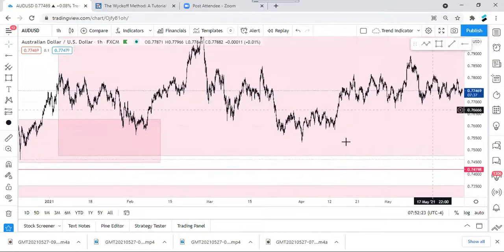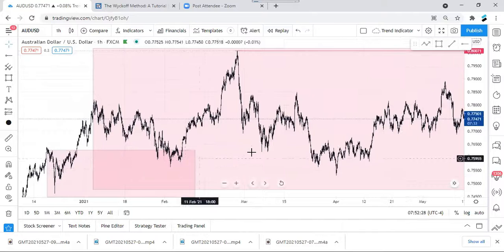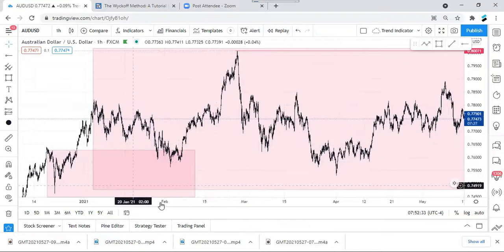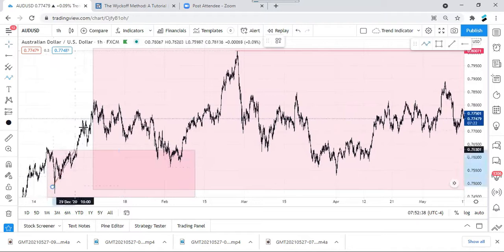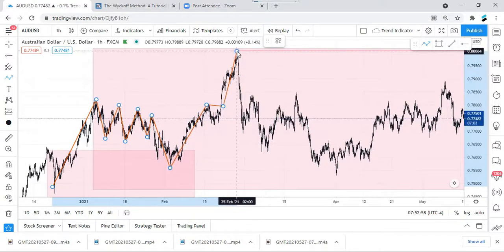Now, if you look at this, try to use your imagination and look at this. So this is the buying climax, secondary test, and the price starts to move lower, a sign of weakness. And then we see a U-tail.